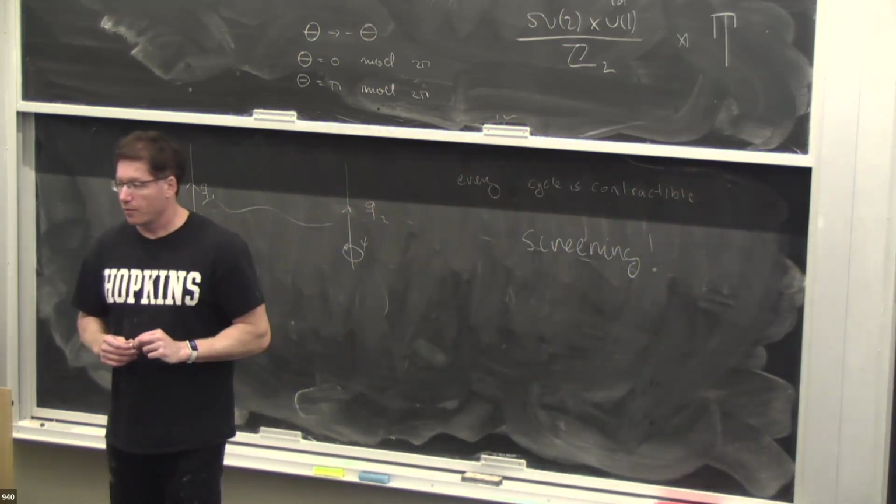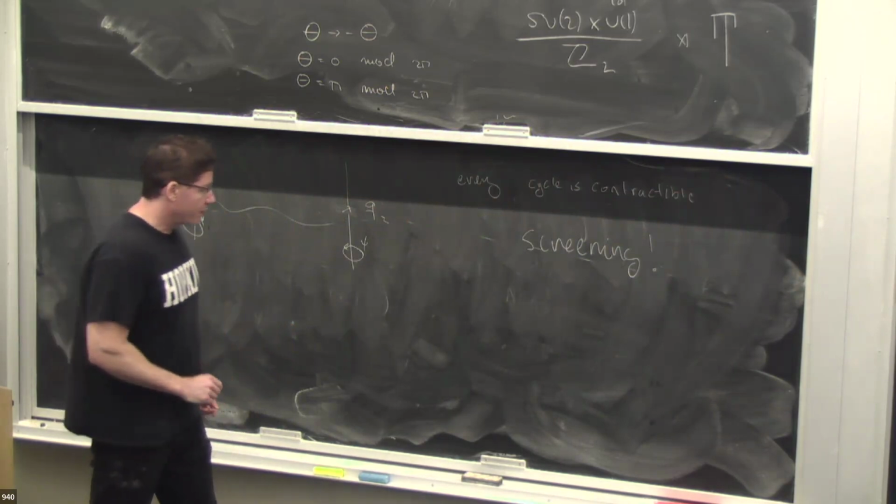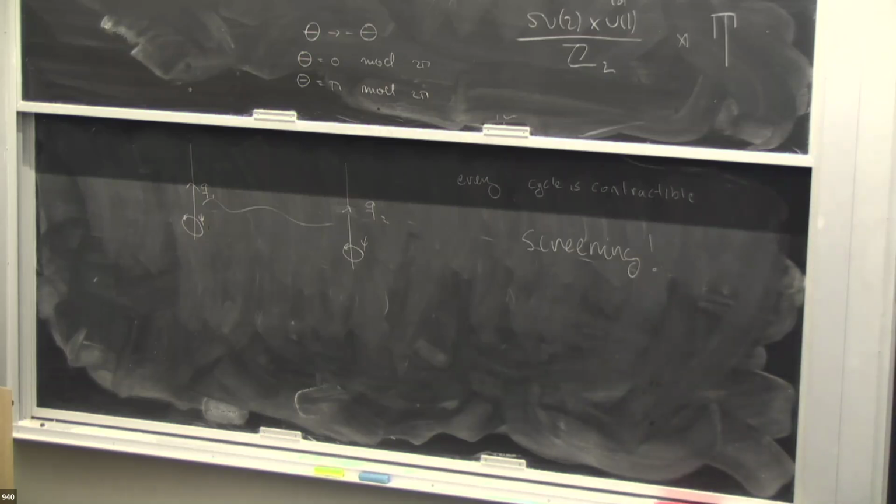I have one more comment about the phenomenology, unless there are any questions. So one thing that makes this model even more exotic is the following. Let's go back to Maxwell, but now we will add massive charges rather than light charges. So that's supposed to be very easy. And let's ask, what is the force between Q1 and Q2? Because there are massive charges, you expect that there is no long-range force.